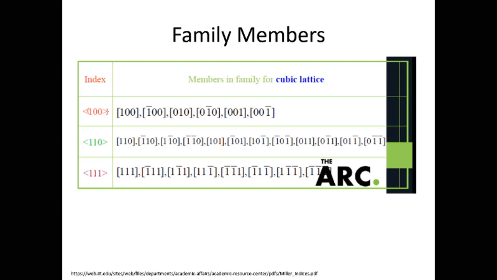And notice that the 110 family also contains, for example, the 011 reflection as well, because for cubic, the A, B, and C axes are all the same, so therefore they're all equivalent. Likewise, for the 111 family, all of these are equivalent reflections. And so for a cubic crystal system, there's not a whole lot of data you need in order to generate all the symmetry equivalent reflection planes.